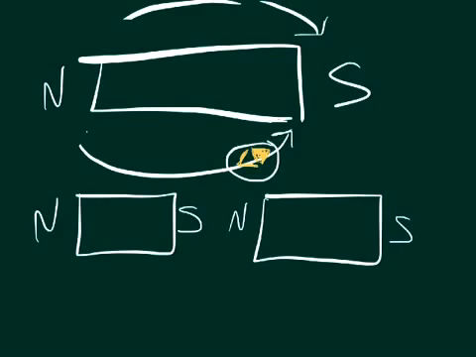Fusion is two things combining into one. Fission is two things separating. Okay? Which of the two do we use currently in reactors? Fission. Because fusion is too hard to control.